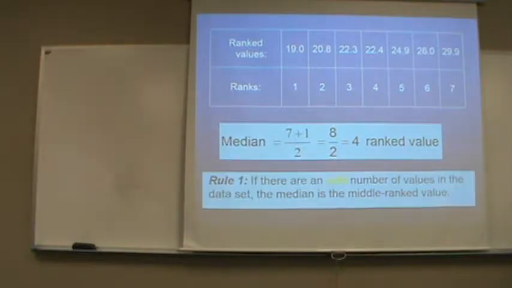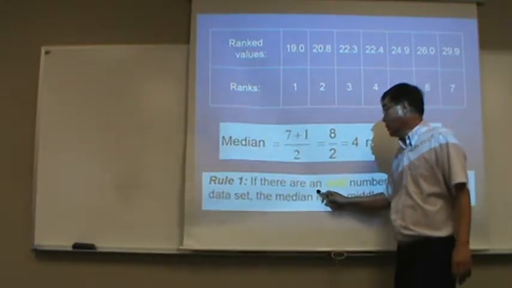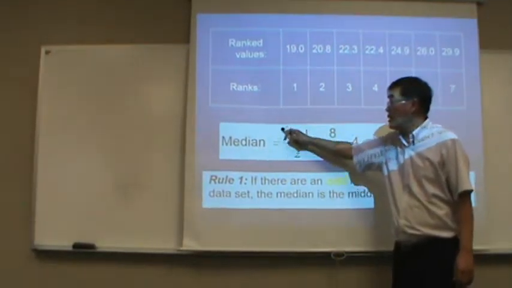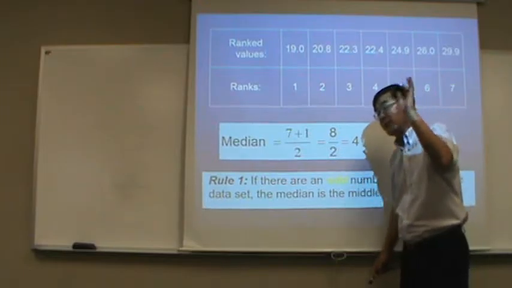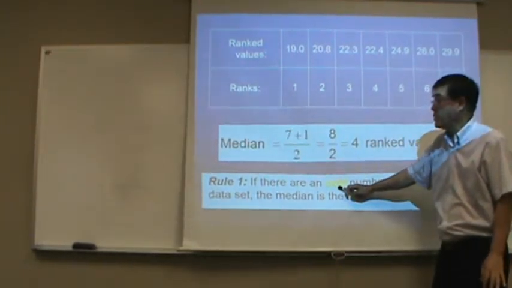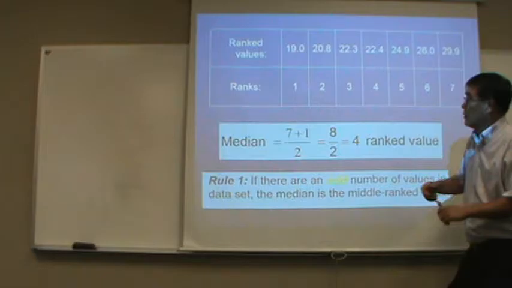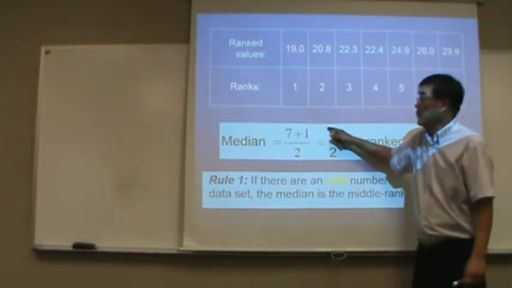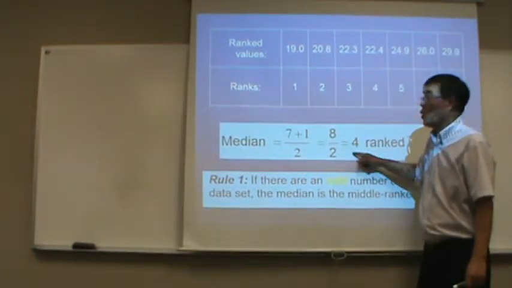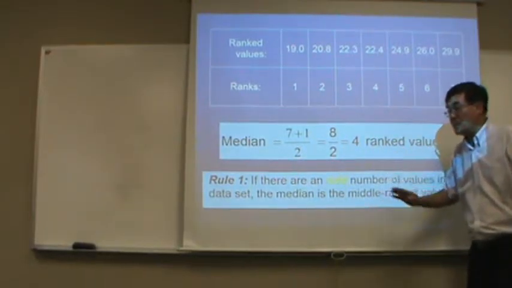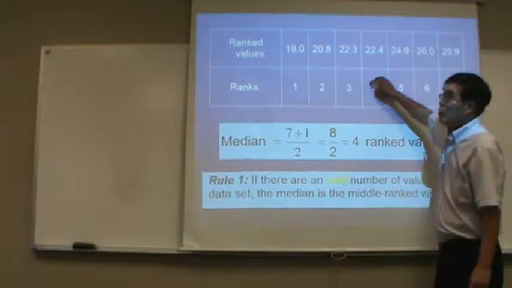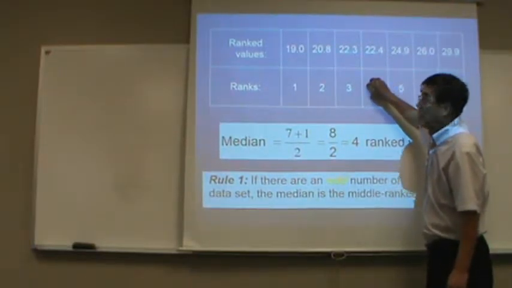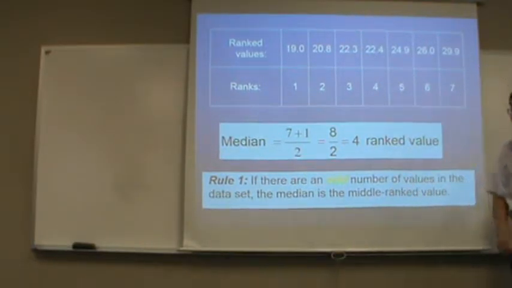The fourth ranked value is 22.4. Anyway, there is a rule. Rule 1: if the sample size is an odd number, 3, 5, 7, 9, 11, and so on, then plus 1 gives an even number, and divided by 2 is a whole number. So no problem, just find that location, and the value associated with that location is the median.